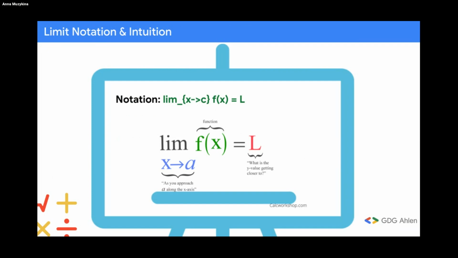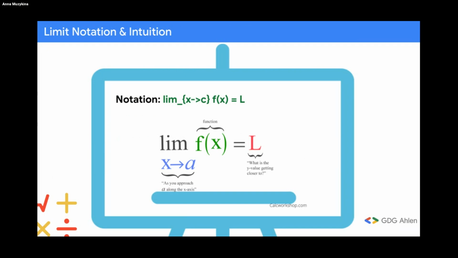The limit notation links: x approaches c tells us the input's behavior, f of x is the function we are observing, and L is the value the output approaches. The value L is what the function should be at c based on nearby points.